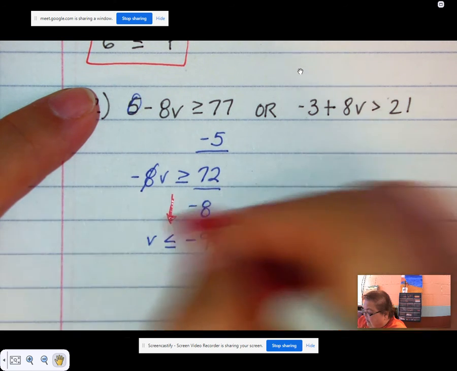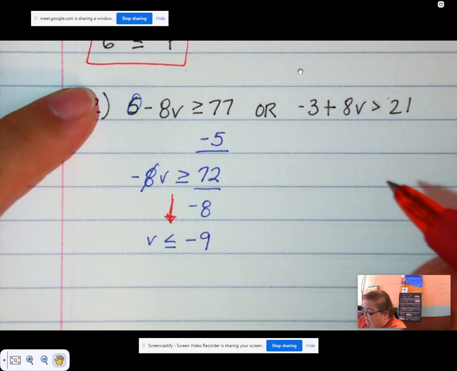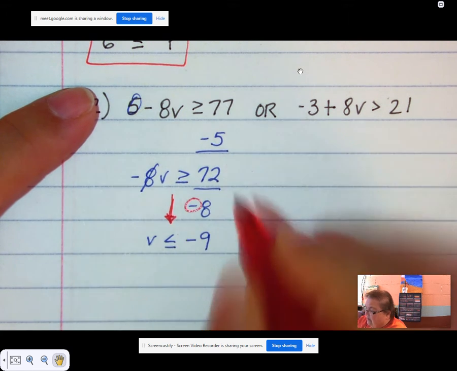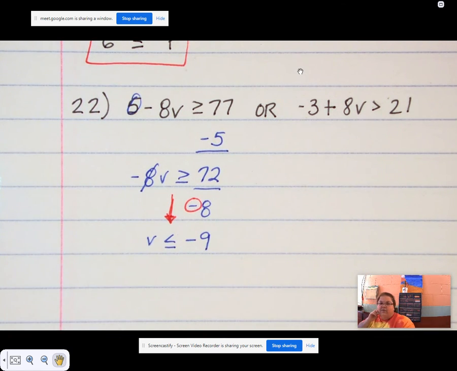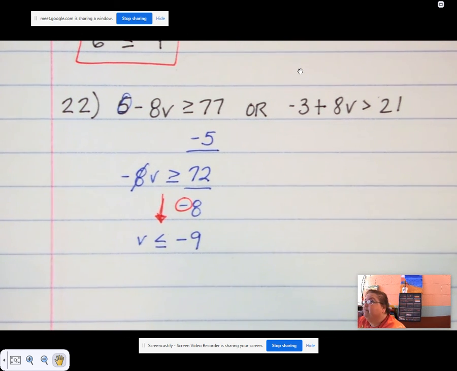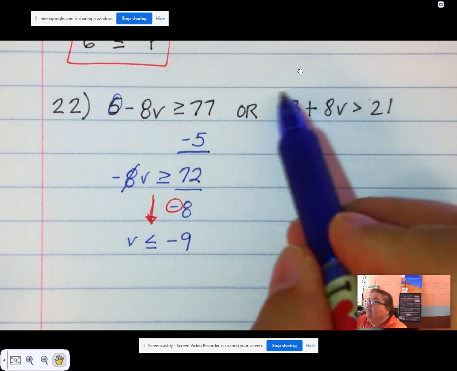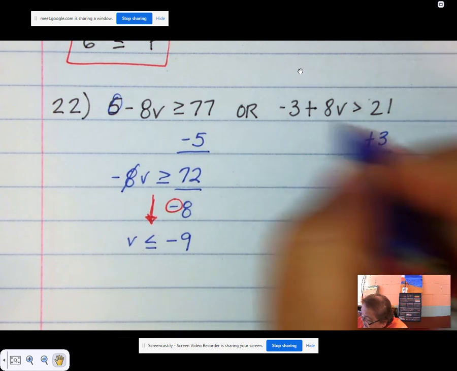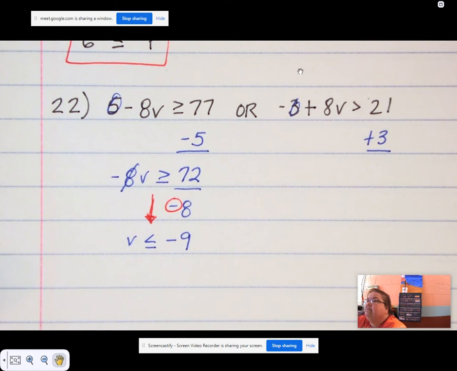Why did I flip the inequality? Divided by a negative, right there. If you divide by a negative, flip that inequality. What's the inverse of -3? Plus 3 to the other side. There's that 0.